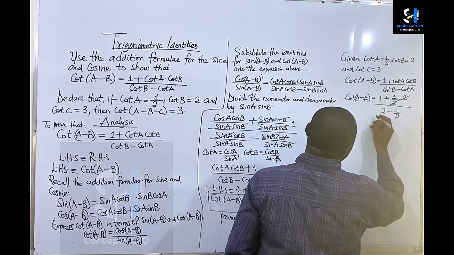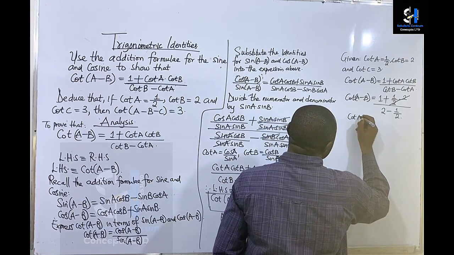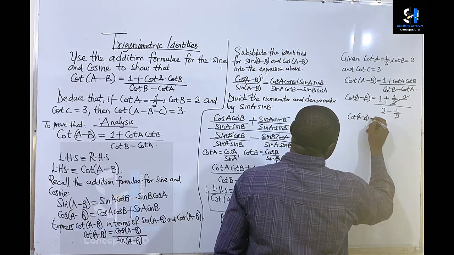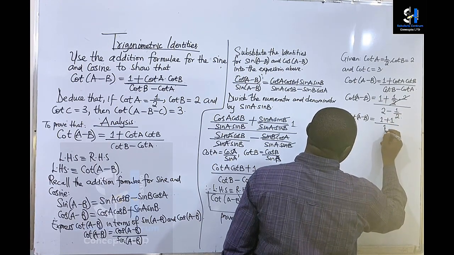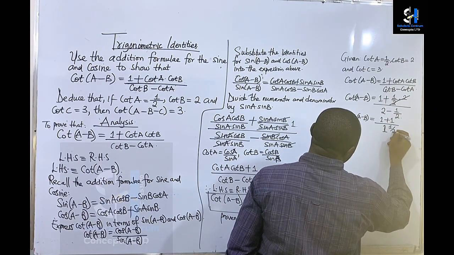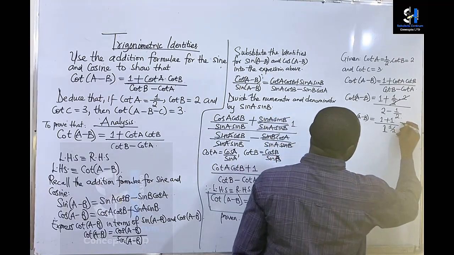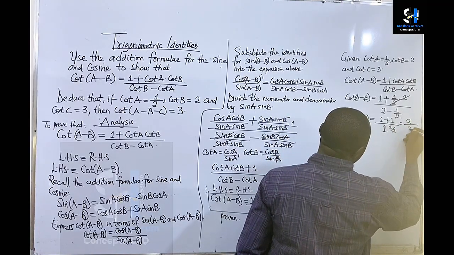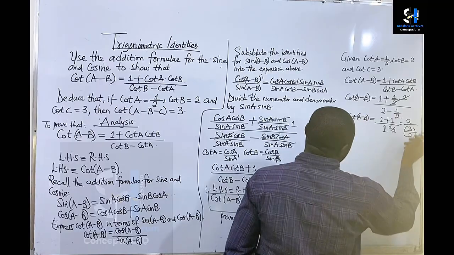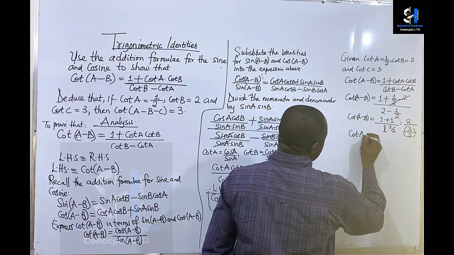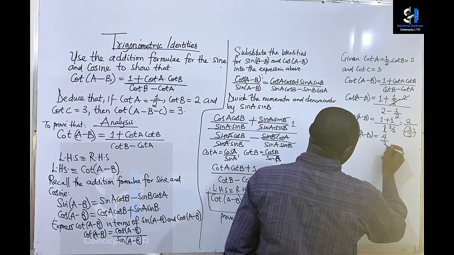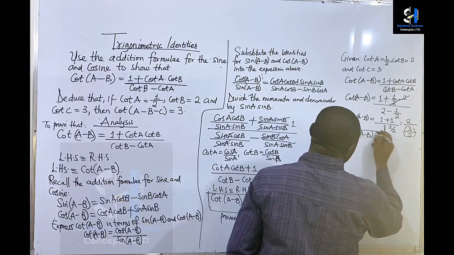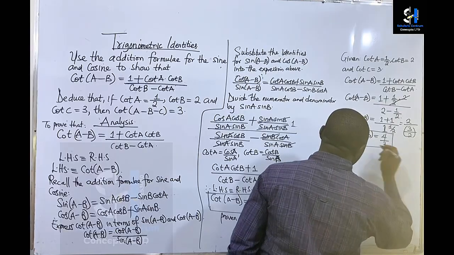So we are left with 1 plus 1 over 1/2, which equals 2. This is 3 over 2. So cot(A minus B) can now be 4 over 3. That's cot(A minus B).